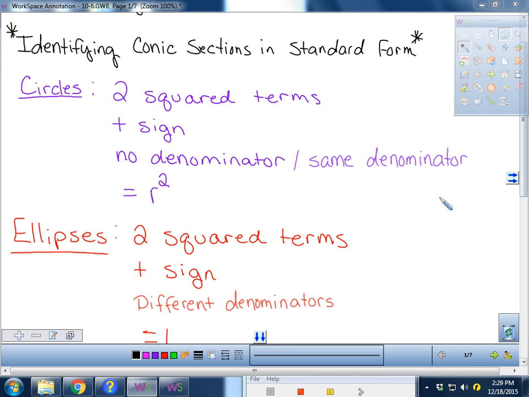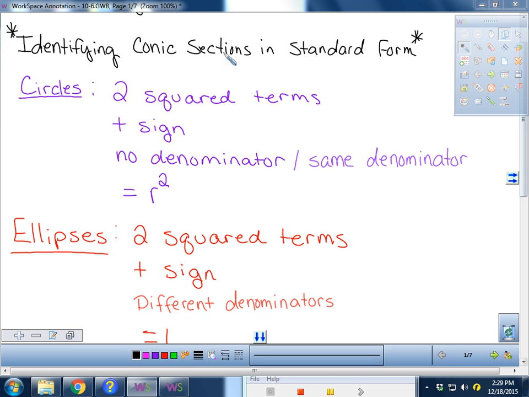When you look at the equation of a conic section, these should look familiar to you because you've just done them, only you went into detail with them. This time you're just identifying: is it a circle, is it an ellipse, is it a hyperbola, is it a parabola, okay?